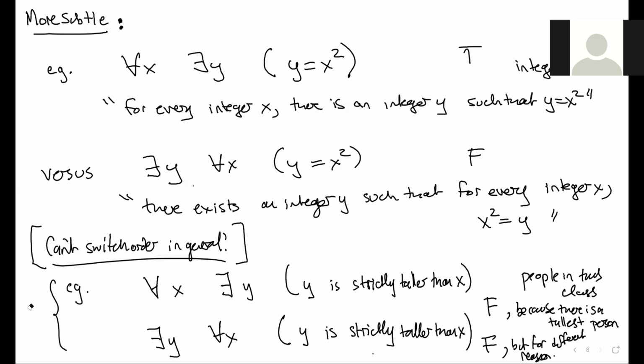Professor, I'm sorry, but I still kind of don't understand the first part, the first proposition. You mean the one about the square? No, the y is strictly taller than x. For all x, there exists a y. Right. So the statement is saying that for every person in this class, there is a person in this class who's strictly taller than them.